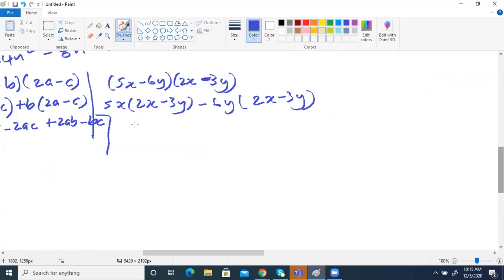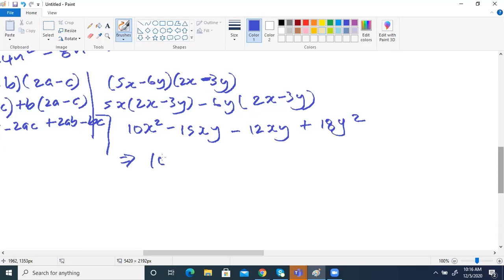So I have 5x times 2x, that's 10x squared. Don't make that mistake. Always put on your square, or you get the entire thing wrong because you can simplify the wrong thing. So this now becomes negative 15xy. Then this becomes minus 12xy. And then this is positive 18y squared. Always put on your square.